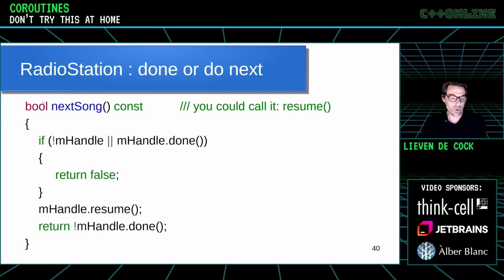Otherwise, we call resume on that handle. The coroutine gets resumed. And at the end, we check if the coroutine is now done. Maybe it is. And in that case, we don't have a song and we return false. If it's not done, we say we have a song, return true. Okay, we implemented next song.